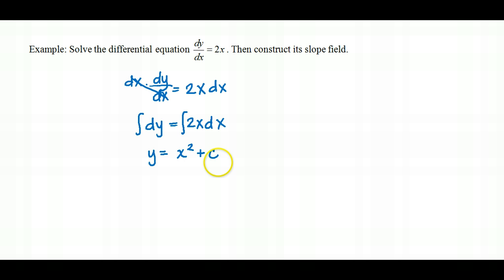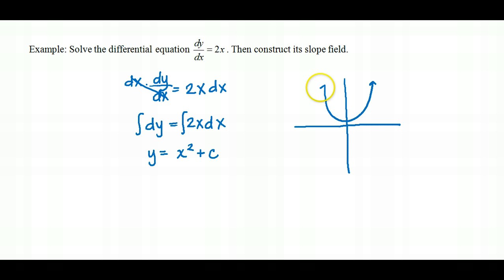X squared plus c is going to be a parabola, and this plus c is going to give me a vertical translation. So just as a rough sketch, if I wanted to draw the graph of the family of solutions, well, when c is 0, then this is just the graph of x squared.